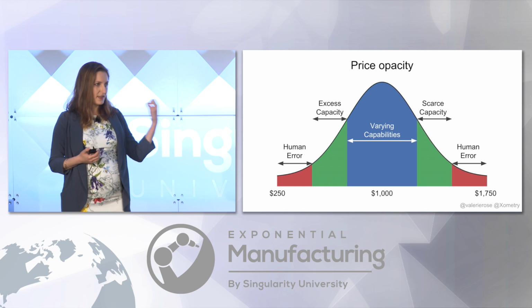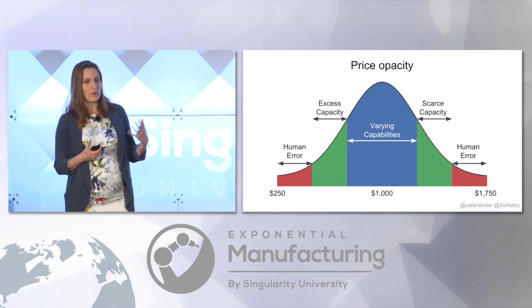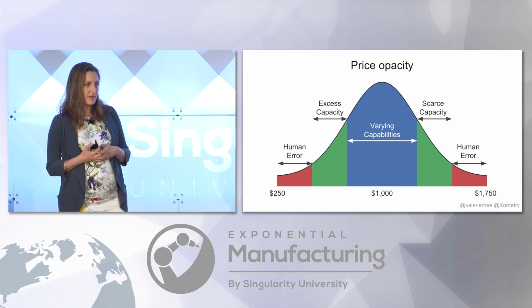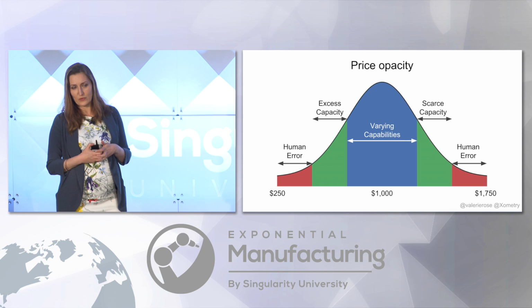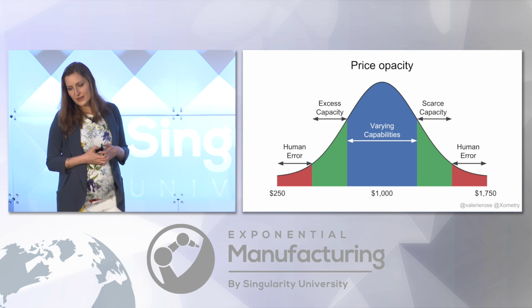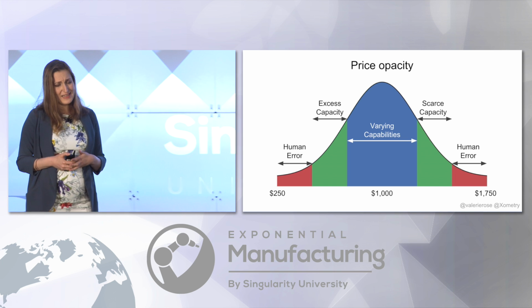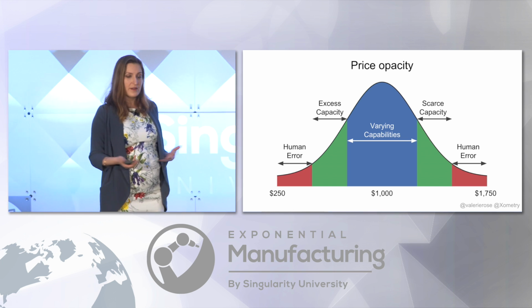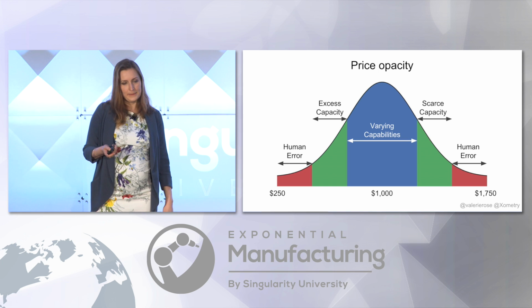Some specialize in certain types of parts and are more equipped to make them more efficiently than others. They have varying capacity at the time. If they have excess capacity, they may be willing to do it for less. Whereas if they are full, they are going to charge more. And then there's some element of human error. And these all can add up to a very large range of prices.